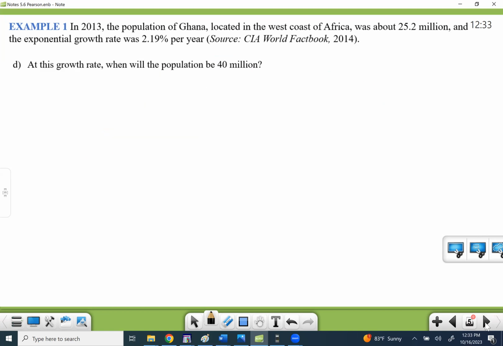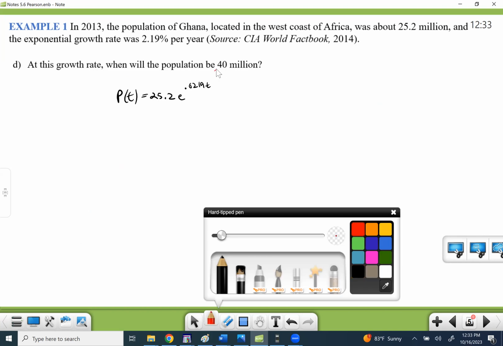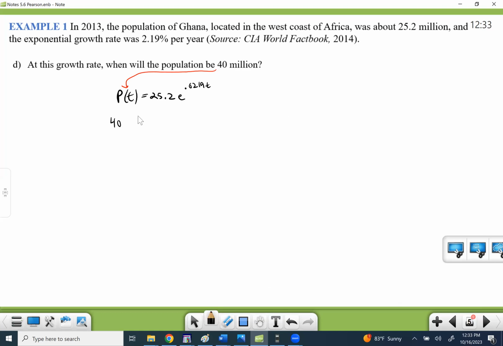At this growth rate, when will the population be 40 million? Okay, so we have our model, so we're going to continue to use that one. We're going to substitute 40 in for the population, and we'll solve for the time.